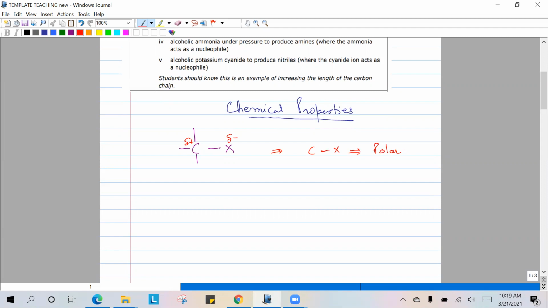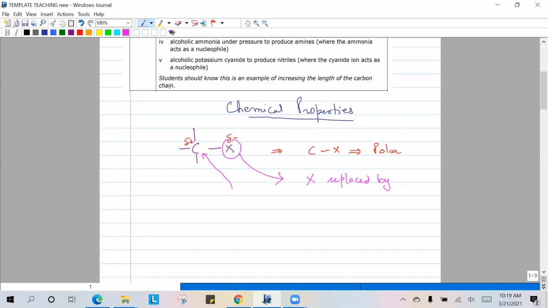Another important thing is that some other group will come and attack over here, and in this way the X will be removed out. So basically the X will be replaced, now replaced by what?